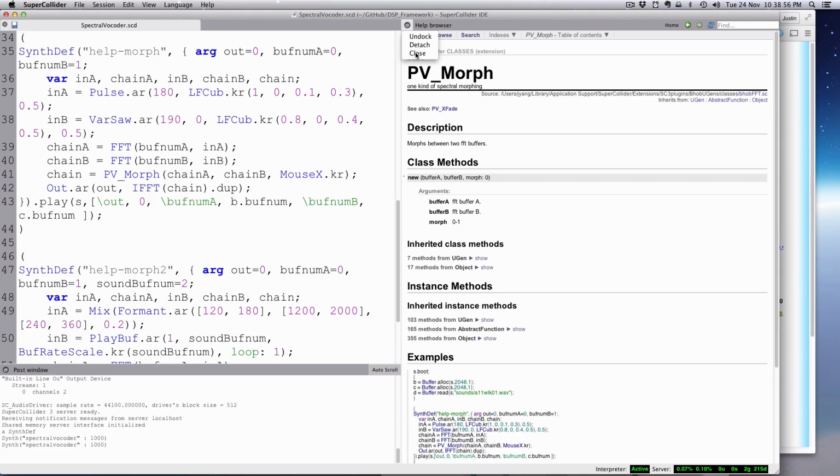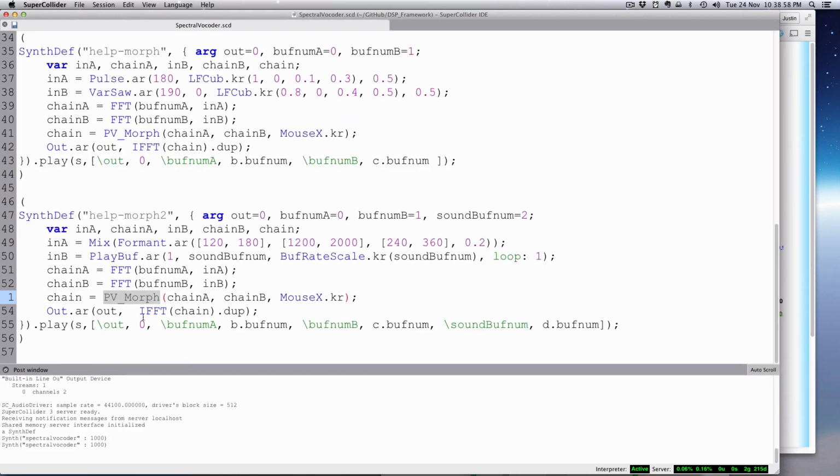Okay, so it morphs one to another, and then we do an IFFT, which takes it back out to the time domain. So that was me trying to give a layman's explanation of the Fourier transform and its importance and usefulness in audio processing. If you take things into the spectral domain, you can do all kinds of manipulations there. This PV series gives you a bunch of different combinations, and it's about understanding the chain of events.